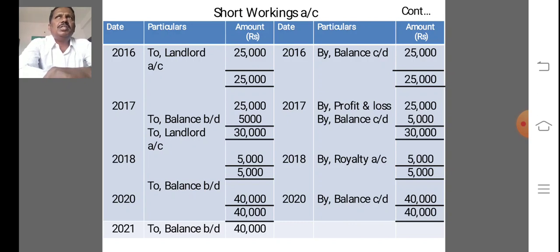The 5,000 is recovered in the form of royalty surplus, that is 5,000, and to balance brought down nil, to landlord account 40,000, by balance carried down 40,000, to balance brought down 40,000.